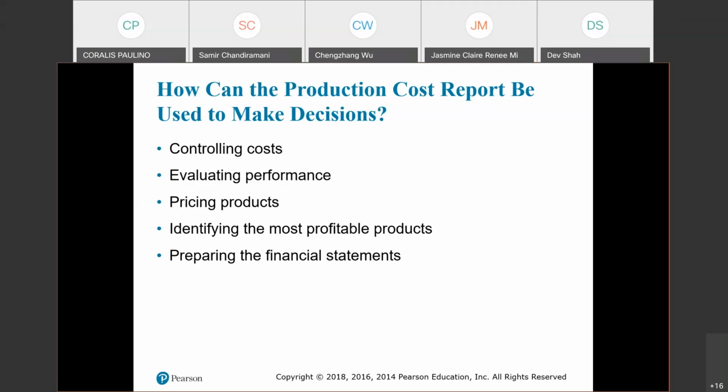Or a manager may change a component in the production process to reduce direct material cost.